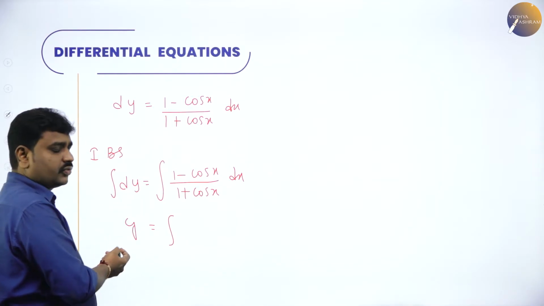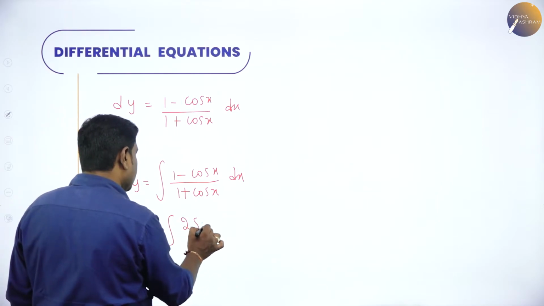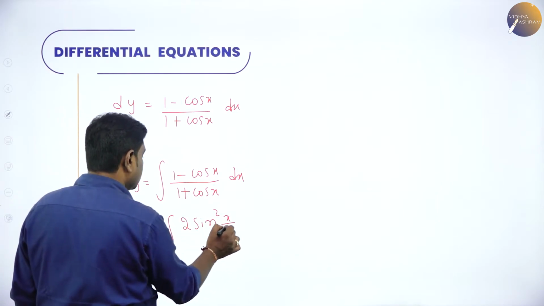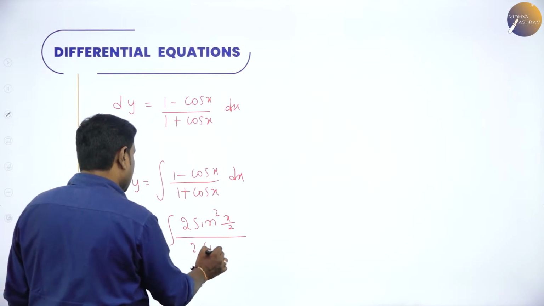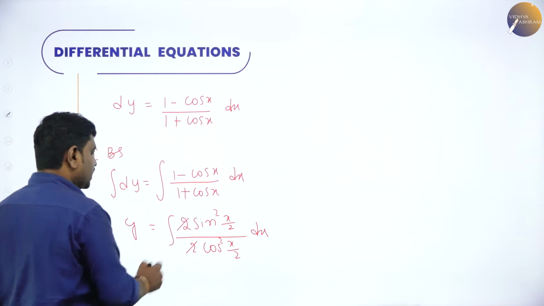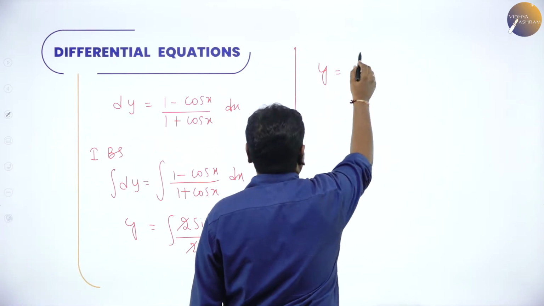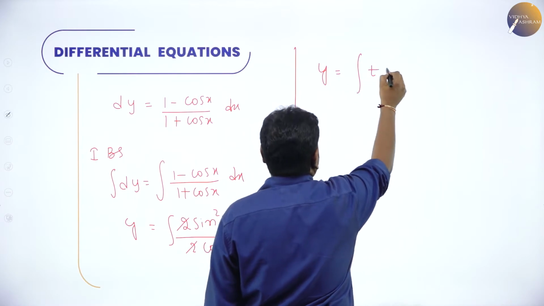Integration of dy is what? y. Integral and derivative cancel. Now 1 minus cos x is 2 sin square x by 2, 1 plus cos x is 2 cos square x by 2, dx. Now again 2 cancels. So y is equal to integration of sin square by cos square, which is tan square x by 2 dx.